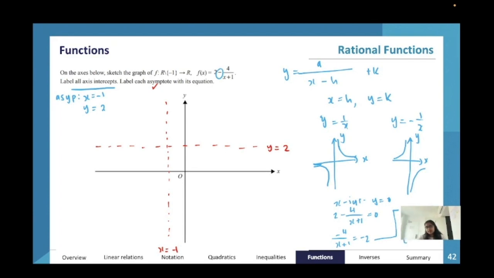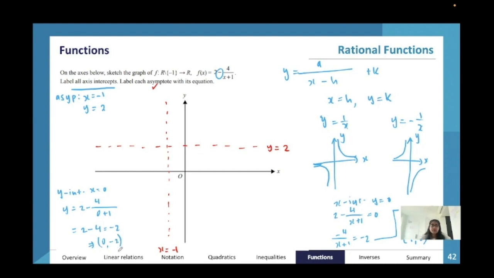So our x-intercept is (1, 0). Okay, cool. Let's find our y-intercept. x equals 0. So y equals 2 minus 4 on 0 plus 1, which equals 2 minus 4, which equals negative 2. So the y-intercept is (0, -2).